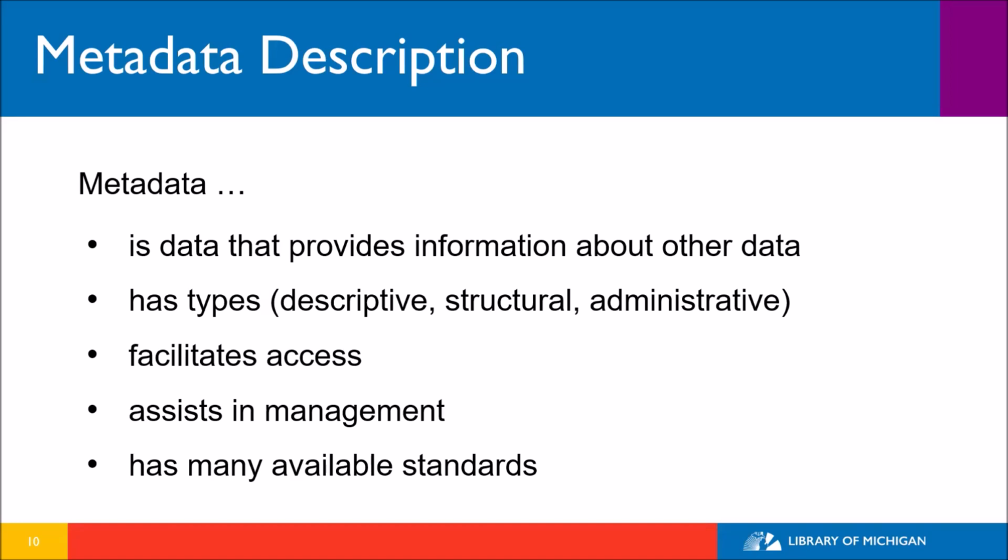It facilitates access, most importantly, because an object online without metadata is basically invisible. It can't be found. It can assist in the management of an object, like with the administrative metadata. And it can appear in many domains, like retail or libraries, and has many available standards to help you structure and organize your description.